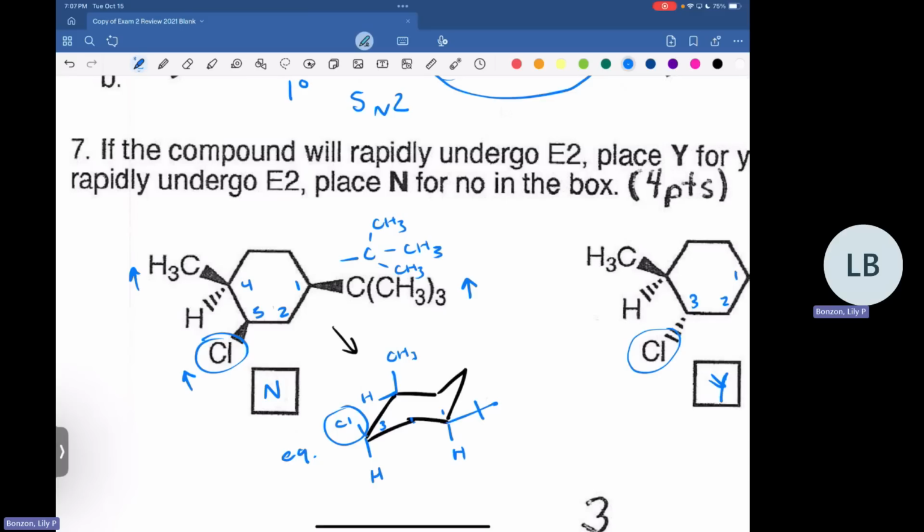The halides usually have a lot of electron density, so they can exist by themselves, so they're good at leaving. If you didn't have chlorine, this wouldn't do E2 at all. Yeah, you have to have a good leaving group. Other questions?